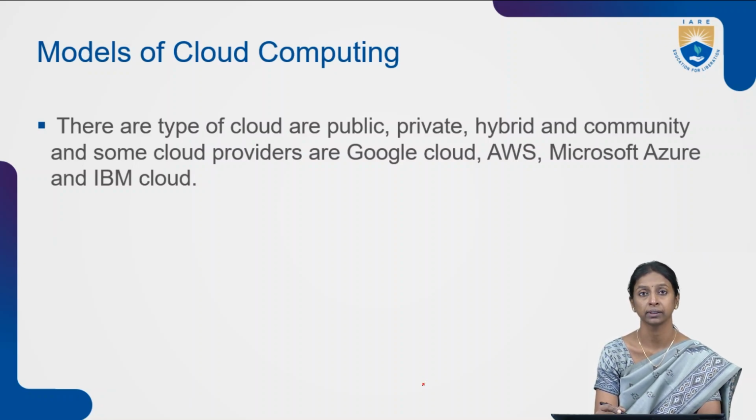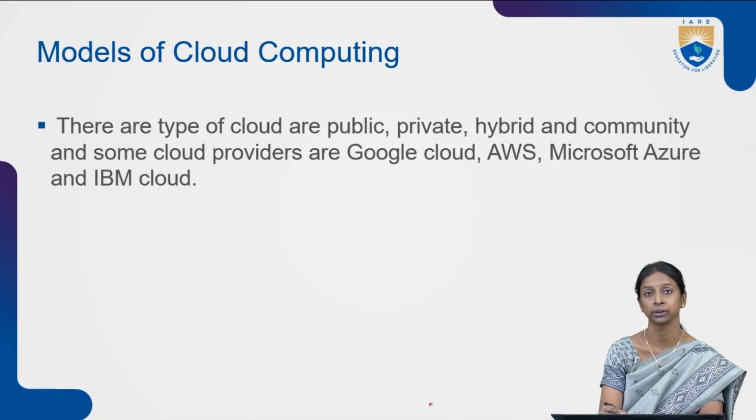In further classes we will discuss in detail the types of cloud models, that is public, private, hybrid and community, and how they are integrated with the cloud service models, that is IaaS, SaaS and platform as a service. And there are various cloud providers like Google Cloud, AWS, that is Amazon Web Services, Microsoft Azure and IBM Cloud. We have different models here.